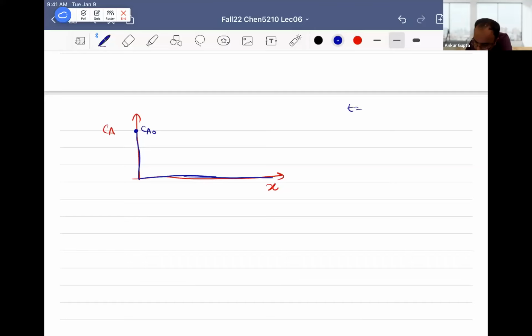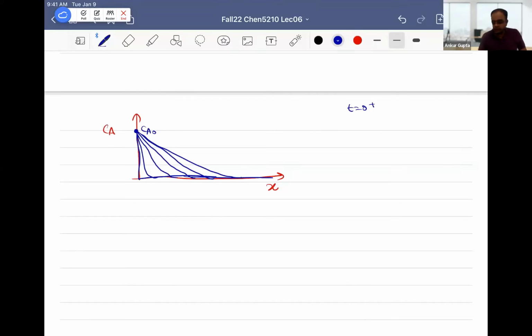I'll start to slowly kind of push this inside. And I'll start to see some sort of system which is going further and further into the system.